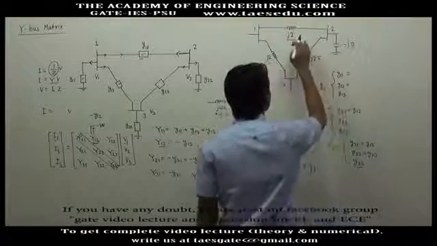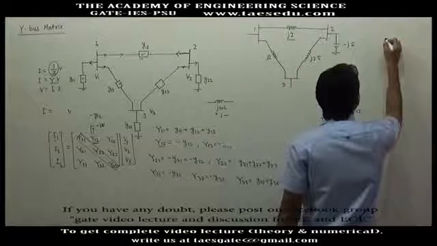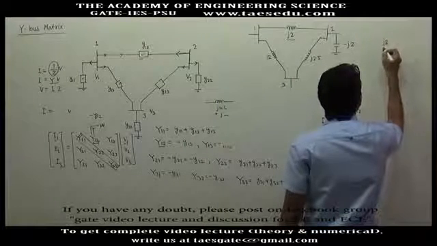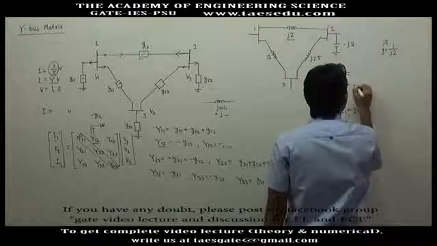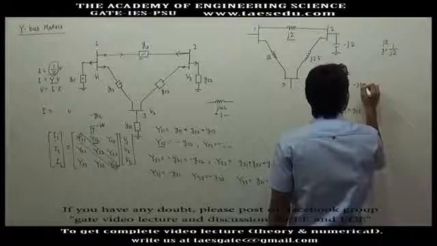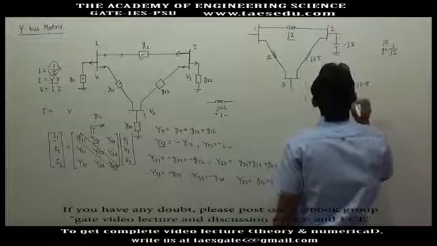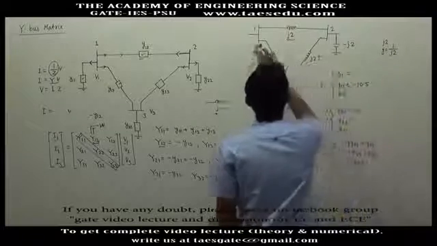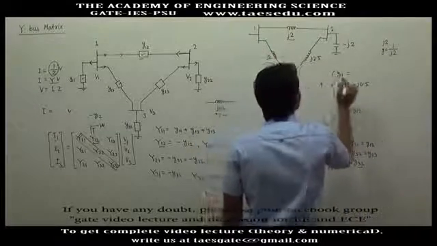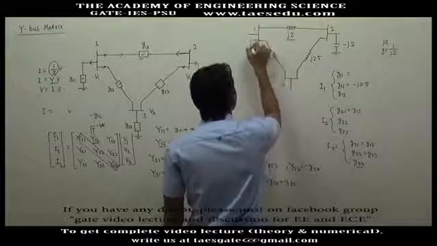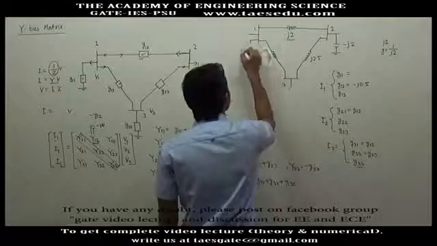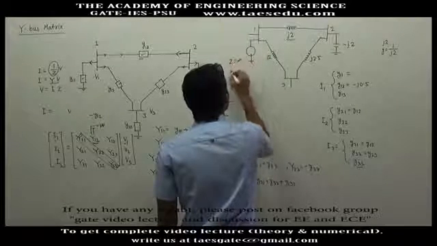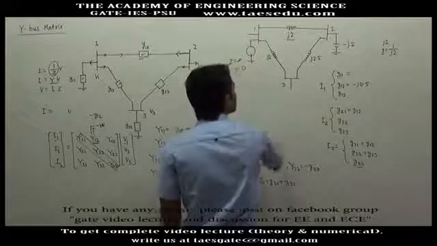If the impedance or the reactance is J2, what will be the admittance? 1 by J2. So y12 will be minus J0.5. There is no shunt element connected at bus 1, so you can consider it as open circuited. If it is open circuited, the impedance will be infinite, then the admittance will be 0.